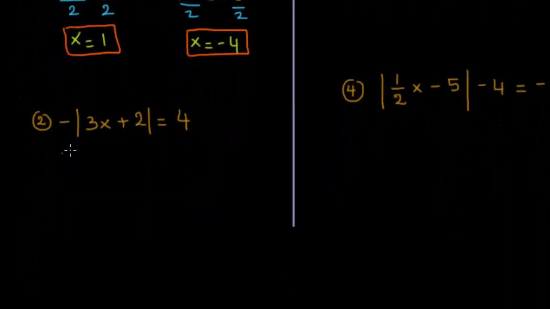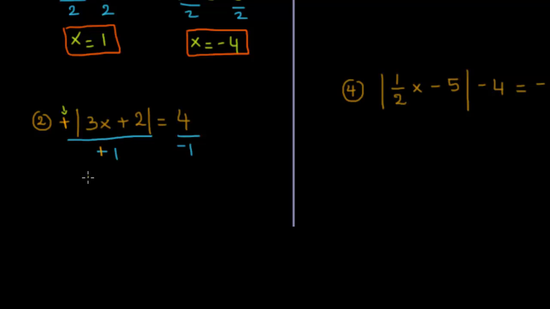Now in problem 2, we have the negative absolute value of 3x plus 2 equals 4. As we see that we have the negative in front of the absolute value, I need to get rid of this negative to be able to break it down into 2 equations. So we're going to divide by negative 1 on both sides, so that negative over negative will be positive.